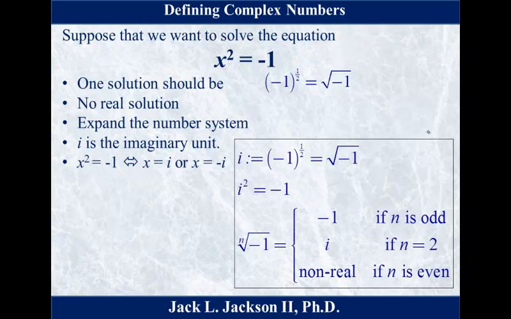If we're talking about the 4th or 6th or 8th or 12th or 54th root of -1, those turn out to be neither real nor just pure imaginary. They do turn out to be complex numbers. As we'll see, that's in the a plus bi form, where you get a non-zero a and b. We're not going to talk about that in this course. All we're going to say is, hey, it's not a real number.